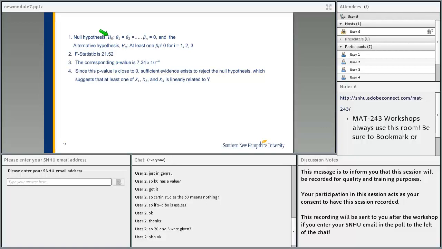So our null hypothesis would be beta 1 equals beta 2 to beta n equals 0. And the alternate would be there is at least one beta i not equal to 0 for i equals 1 to 3. We don't know which one it is. It could either be beta 1 or beta 2 or beta 3, but what we are looking for is that at least one of them is not 0.